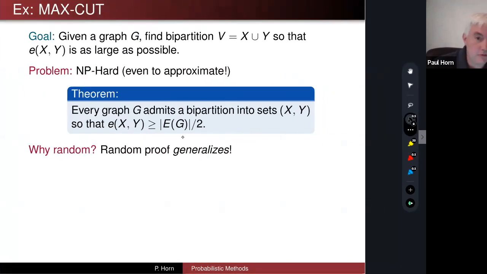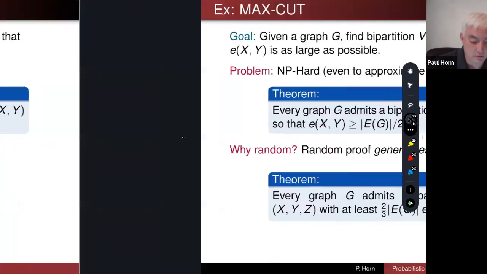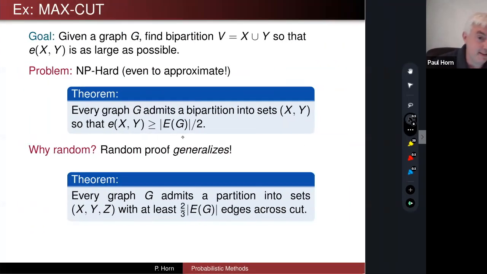So what's the point somehow of this random proof? The point is, once you have a good idea, you can run with it. This random proof generalizes in many, many nice ways for free. For instance, what if I partition into 3 parts instead of 2? I can modify the proof that I just gave you.